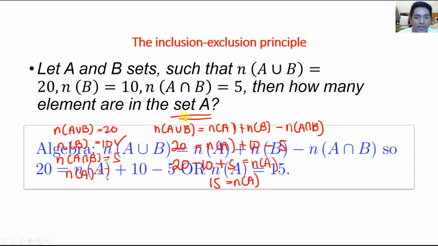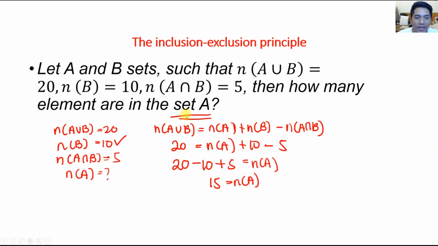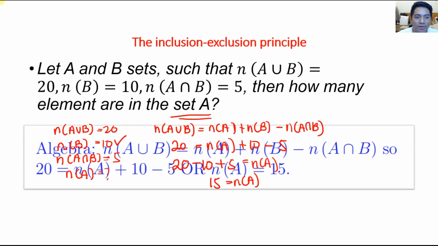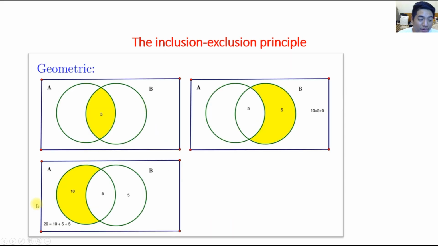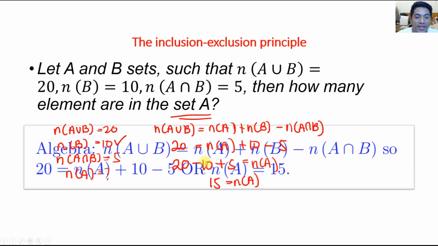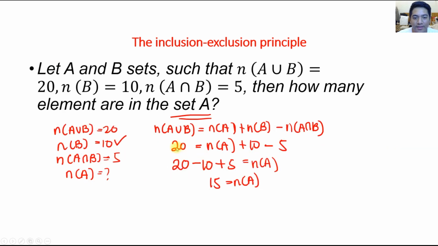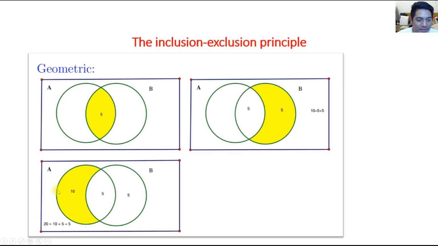And also, we can use the same technique to get the number of elements in the set A. Basically, since we have N of A as 15, and the common intersection is 5, so 15 minus 5, we can get 10 here.